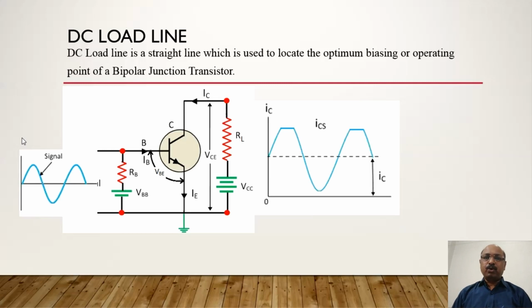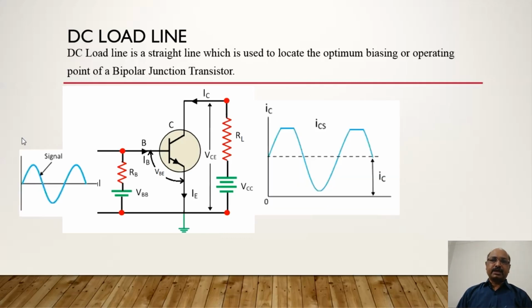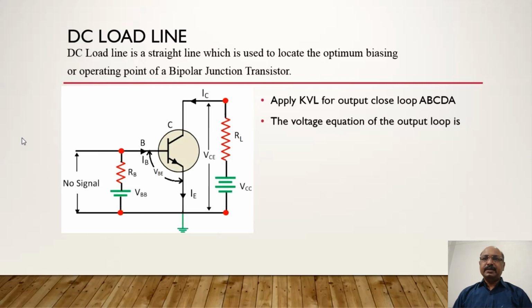The intersection of the load line with the transistor output characteristic for a particular value of base current, that is IB, gives the operating point. So first, the requirement is to draw the DC load line. The DC load line is a straight line joining the cutoff and saturation points for the CE circuit.